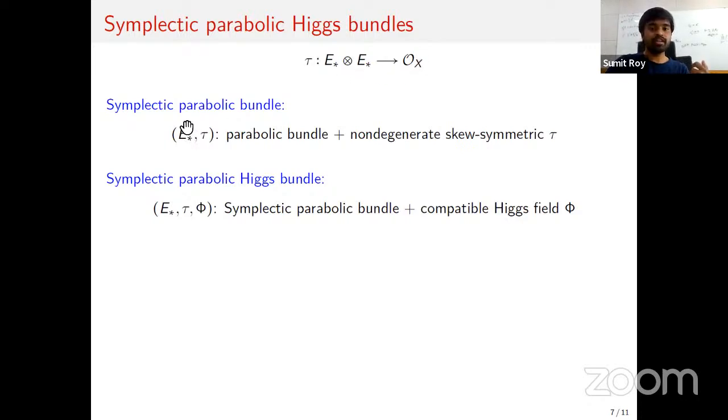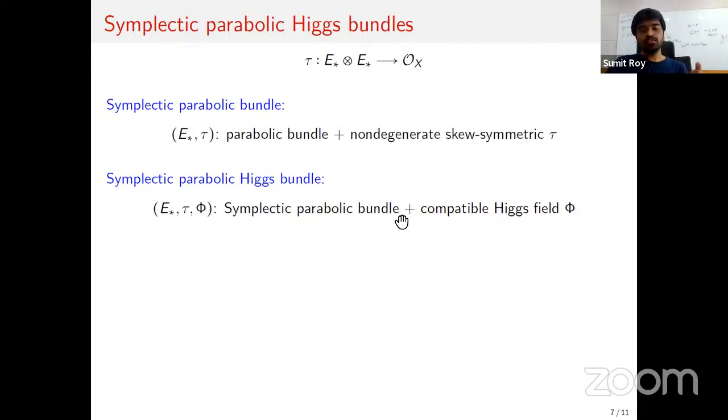Okay. So a symplectic parabolic bundle means this is a parabolic bundle together with this non-degenerate skew-symmetric τ. And a symplectic parabolic Higgs bundle means that it is a symplectic parabolic bundle, and there is a Higgs field which is compatible with τ and with the parabolic structure.